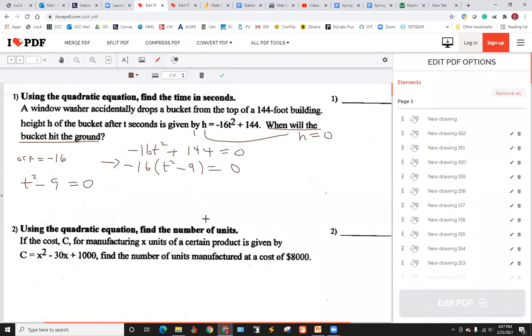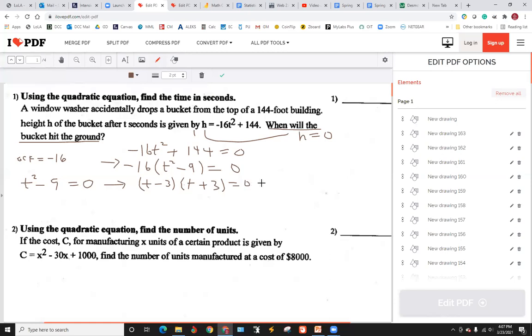All right. Which factors as t minus 3 times t plus 3. So what are the two solutions?